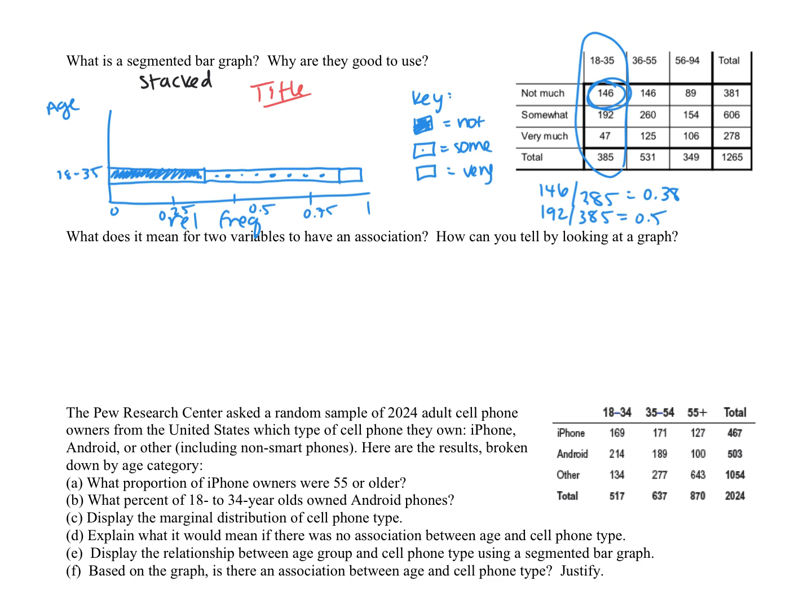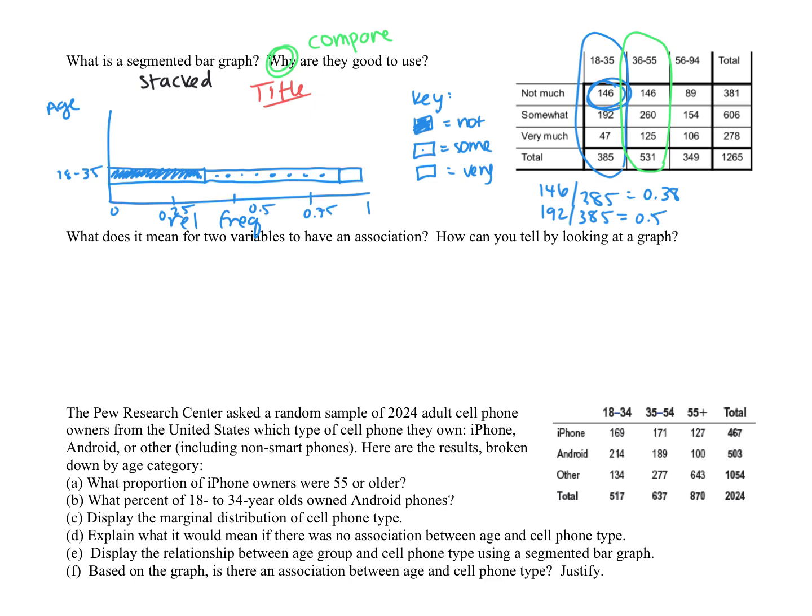Now, the reason that we like segmented bar graphs, so why are they good to use, is to compare. So you might have been able to tell from the way that I've been drawing this that the next logical step might be to do another bar for that group.